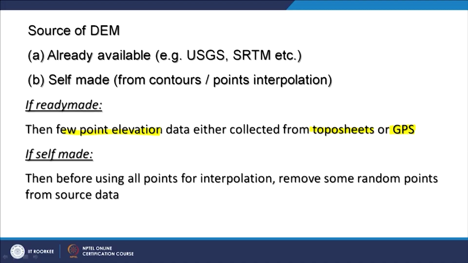If it is a self-made DEM, then before using all points, whatever observations you have for interpolation, remove some random points from the source data. For example, I have 100 elevation points or spot heights to generate a digital elevation model through an interpolation technique.